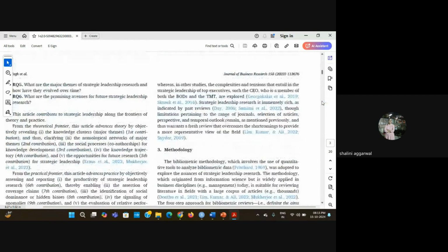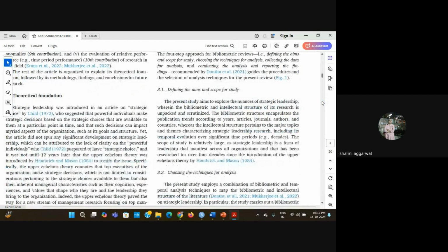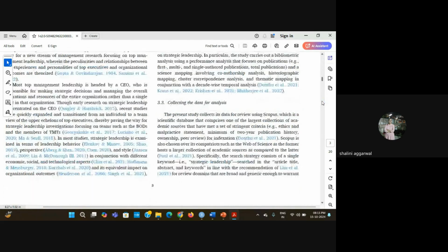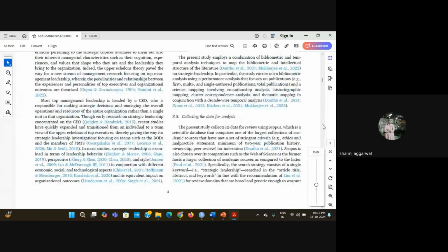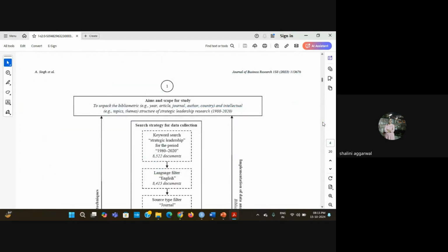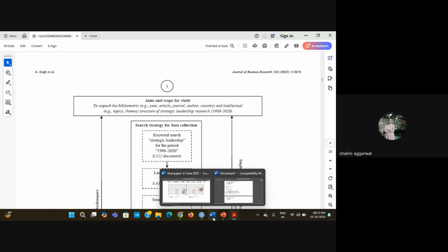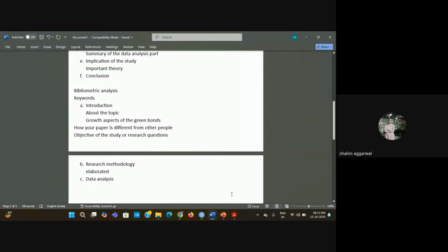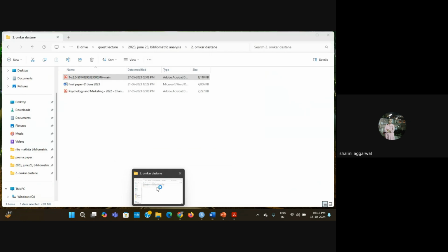And let me show you the methodology. Look at this. You can even make use of the Prisma framework here. The Prisma framework can also be used over here, right? And let me show you another paper on this as well.